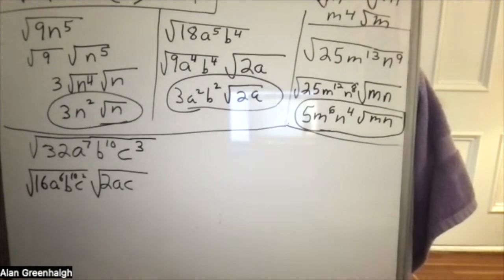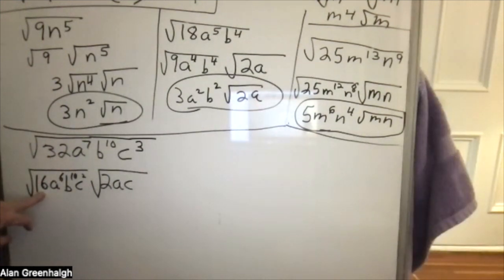See what I did? 32 is not a perfect square. The perfect square is 16. So 16 times 2. Separate them. A to the 7th is not a perfect square because you can't divide 7 by 2. Exponents are different from regular numbers.